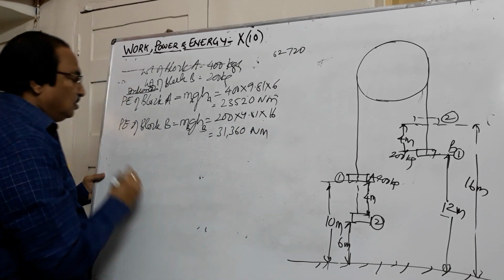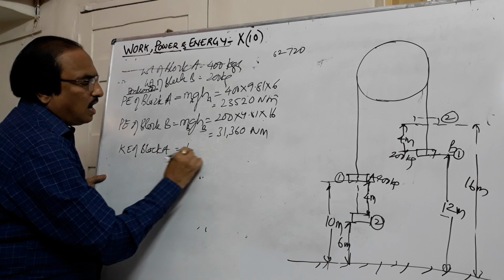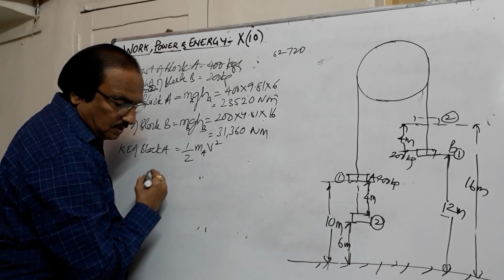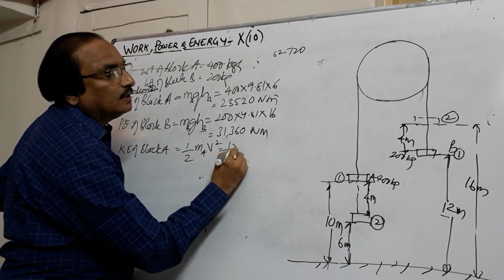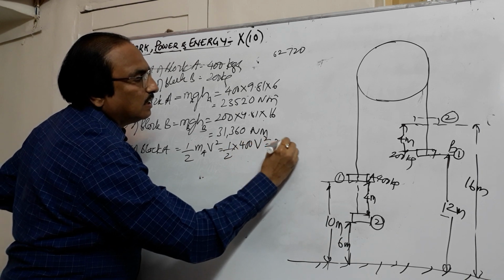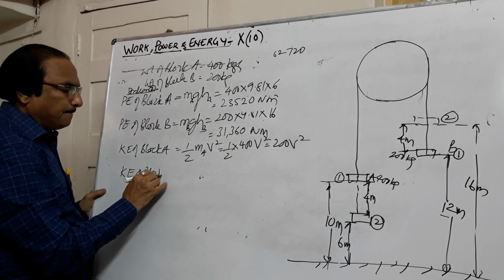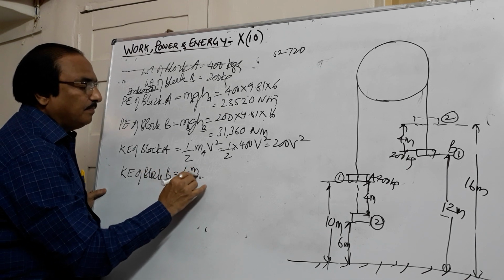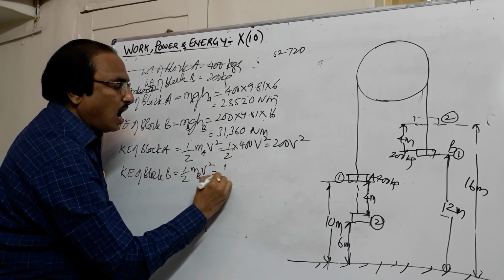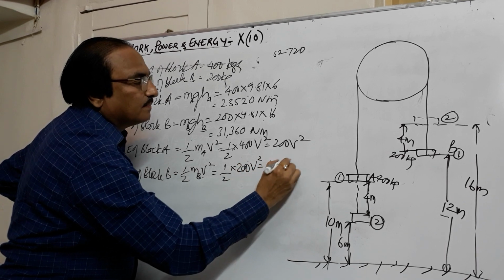The kinetic energy of block A is half m_A v squared, which is half into 400 into v squared, equal to 200 v squared. Likewise, the kinetic energy of block B is half m_B v squared. Both will be moving with the same velocity, so half into 200 into v squared is equal to 100 v squared.